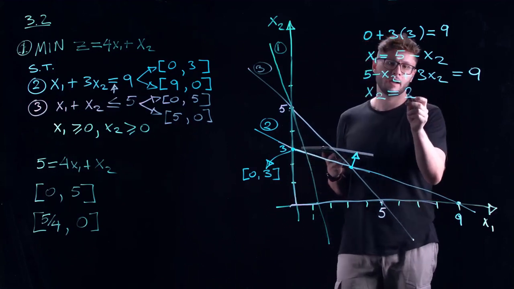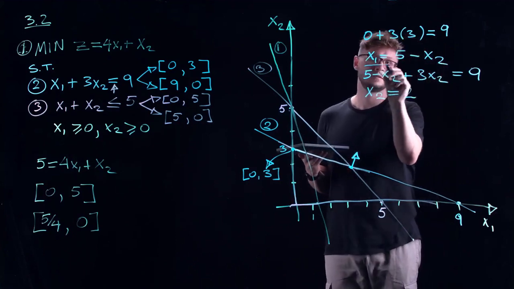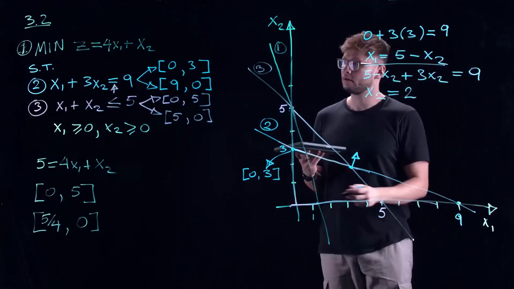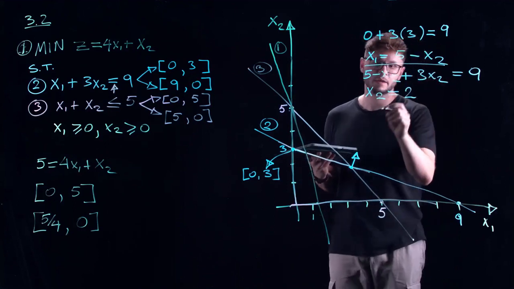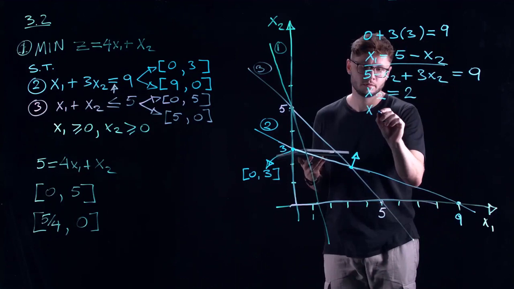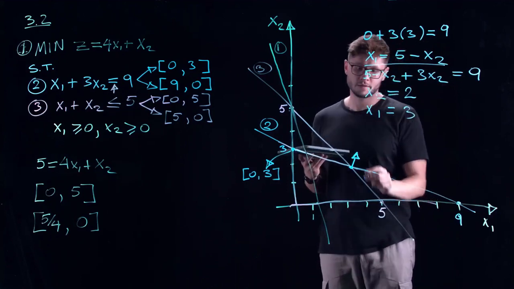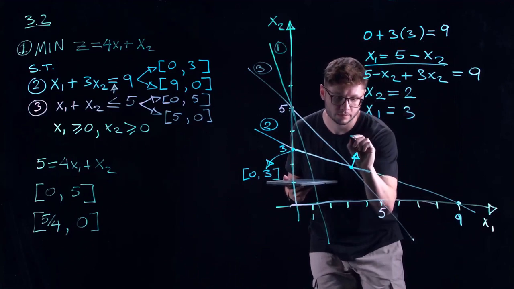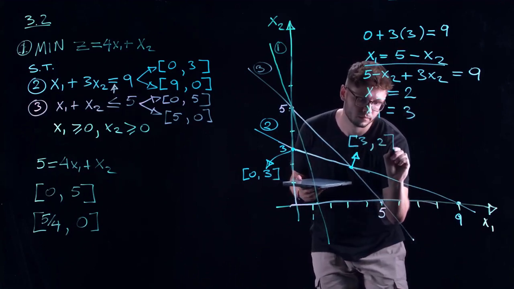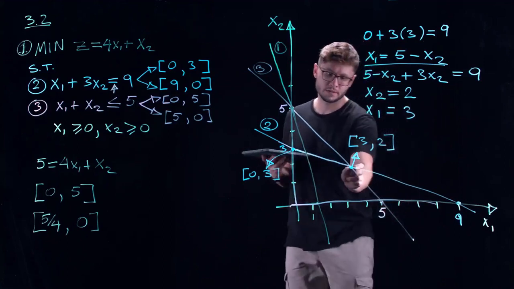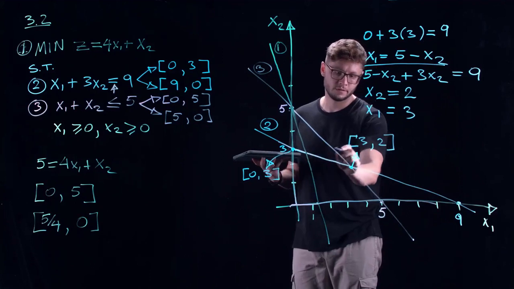Then if we plug this x2 equals 2 into our first version of the second constraint function, x1 equals 5 minus x2, we're going to get that x1 equals 3. So that's going to be our point here. And as you can see, granted my drawing is not perfect, it lines up roughly with 3 and 2.